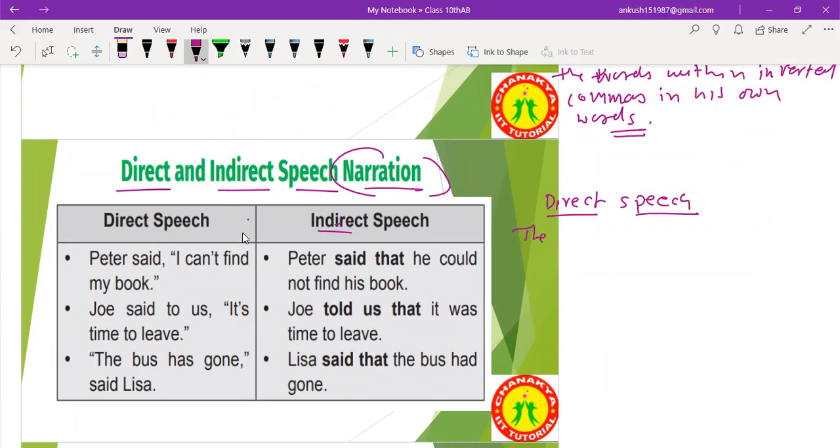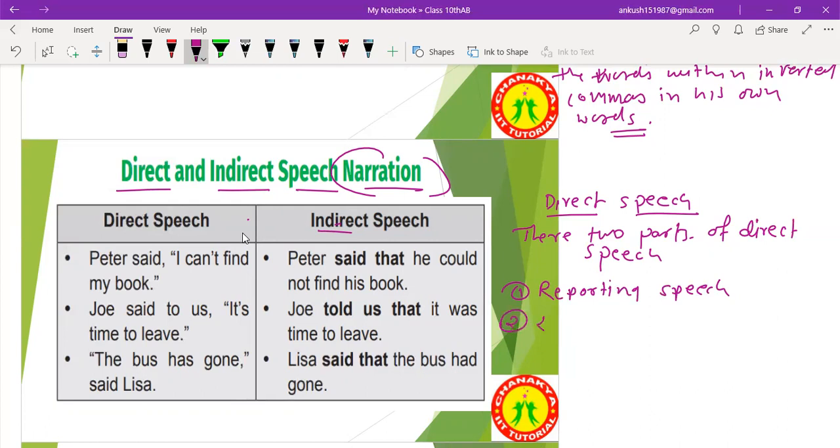There are two parts of direct speech: one is reporting speech and another is reported speech.